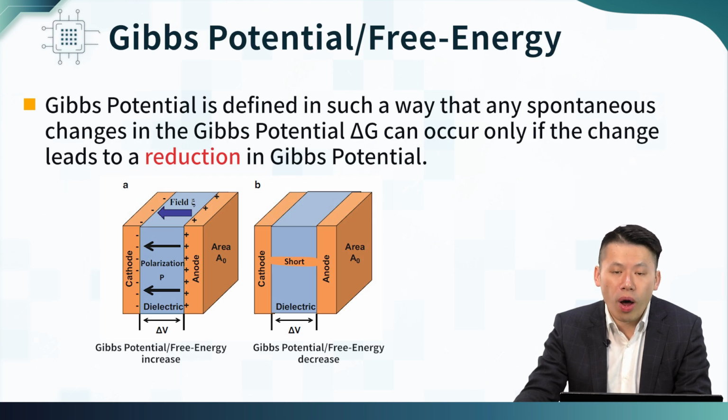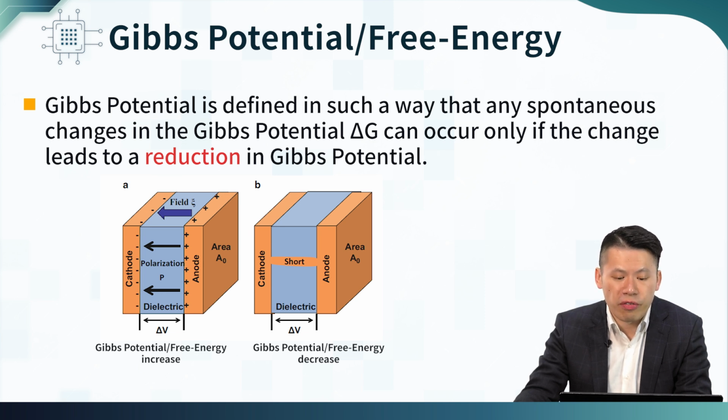So here is one example. We can understand how the system will prefer to move from the reliable state to the failed state. This concept can also be understood by considering the Gibbs potential.